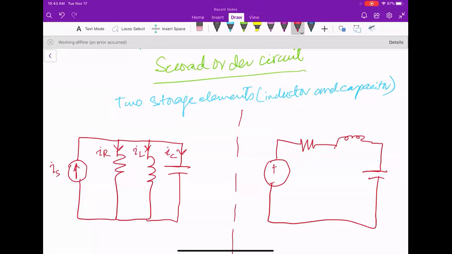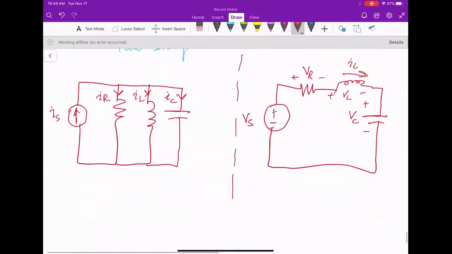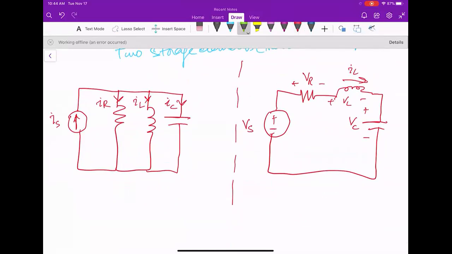Similarly, if this is VS, this is VR, this is IL or VL, and this is VC. So these two types of second order circuits we will learn. So this is called the parallel RLC circuit, and this is called the series RLC circuit.